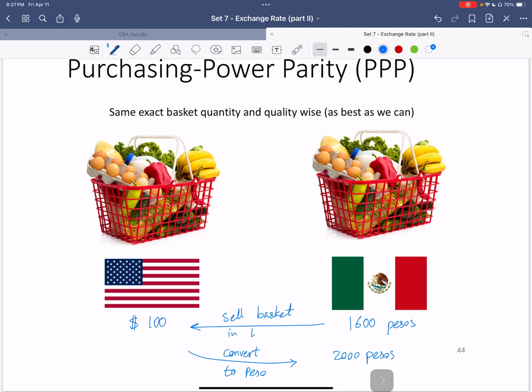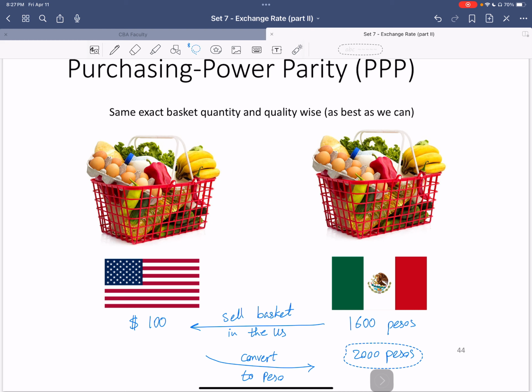So initially you bought this basket for 1,600 pesos in Mexico, took it to the US, sold it at $100, and you know that the nominal exchange rate is 20 pesos per dollar.